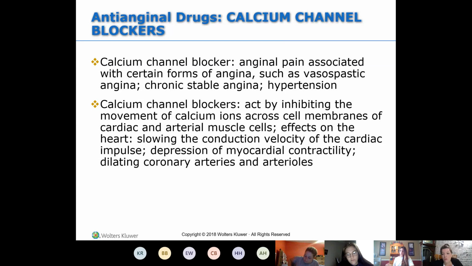Okay, so I'm going to be going over this, but to answer your question, calcium channel blockers, their primary action is to inhibit the movement of calcium ions across cell membranes of the cardiac and arterial muscle cells, and they have effects on slowing the heart rate, slowing the conduction velocity of the cardiac impulse, depressing the myocardial contractility, and dilating coronary arteries.